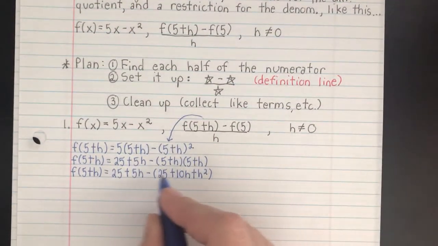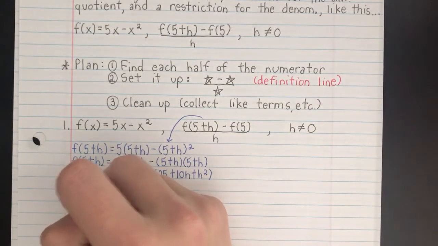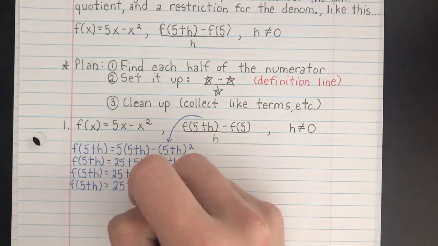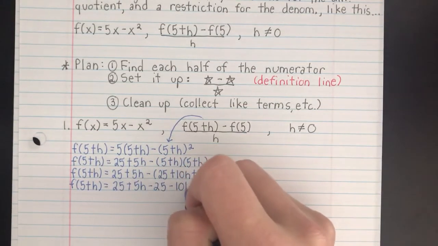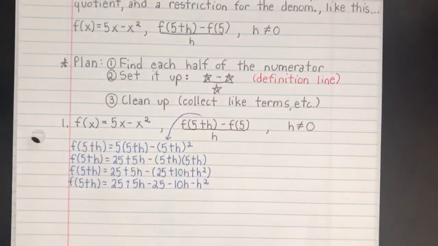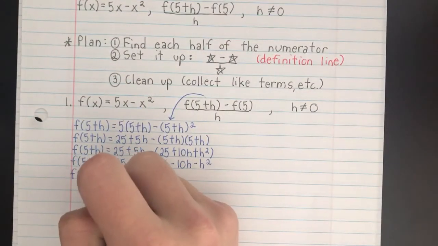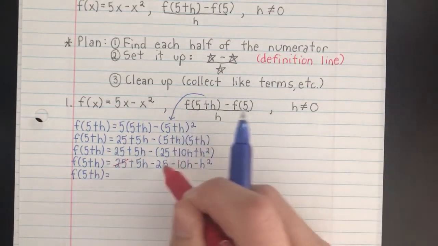Now I need to distribute that negative through, which would mean I'd get f of 5 plus h equals 25 plus 5h minus 25 minus 10h minus h squared. So let's clean this up. So f of 5 plus h equals, okay, our 25s are going to cancel.